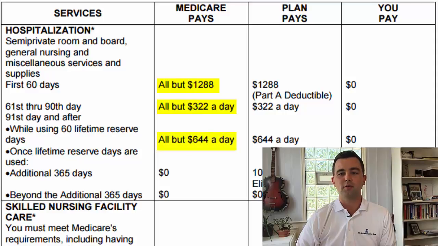And then for days 90 and beyond, all but $644 per day, which leaves quite a big responsibility for someone who only has Medicare without any supplement or something there to pick up the difference. And that's our job as an insurance agent, to put a cap on those costs that Medicare would otherwise leave uncapped with only original Medicare A and B.